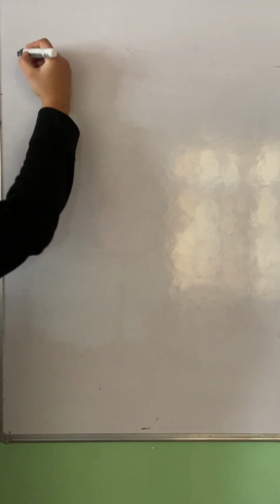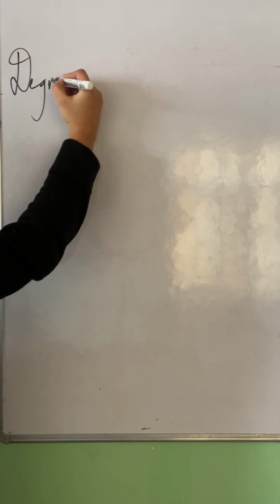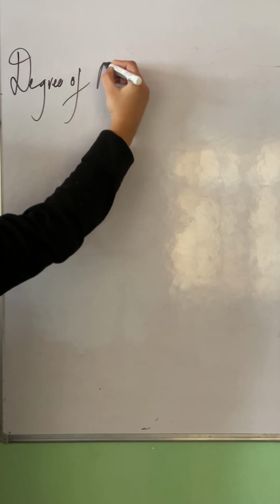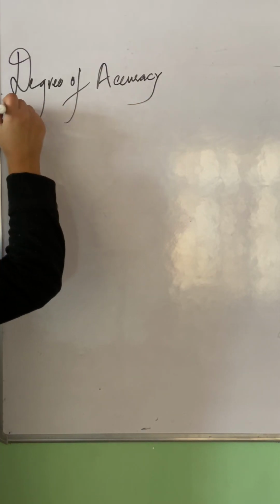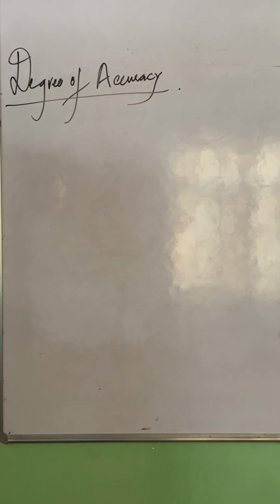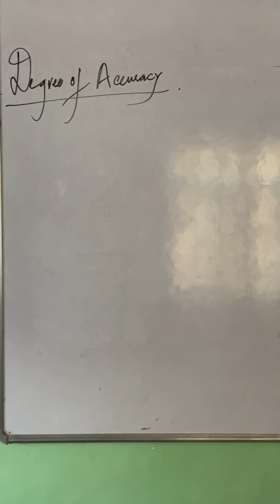Moving on. We have studied relative precision and we have studied discrepancy. Now let's study degree of accuracy. What is accuracy? Accuracy denotes the closeness of the measured value to the true value.